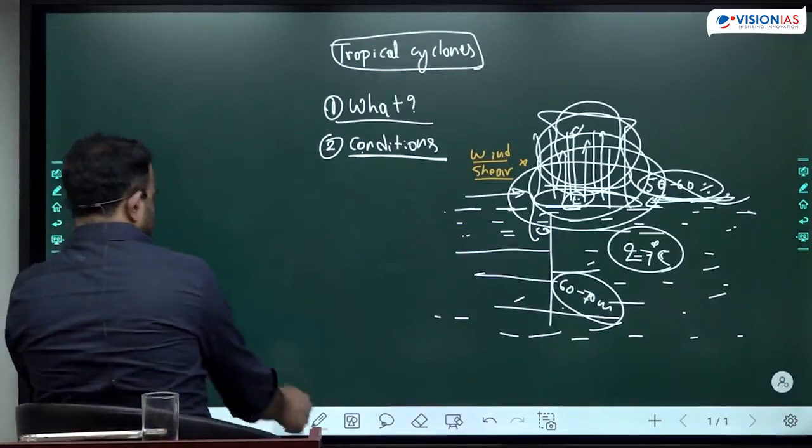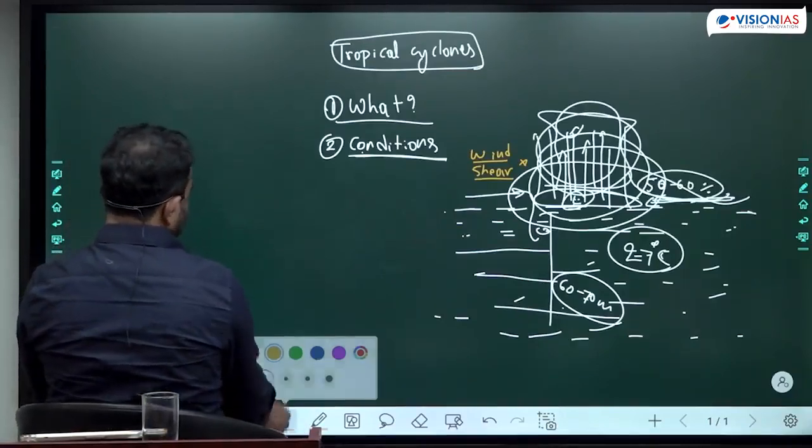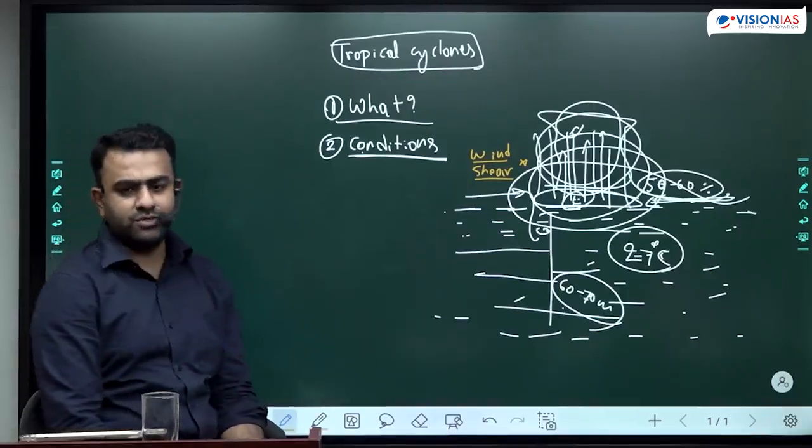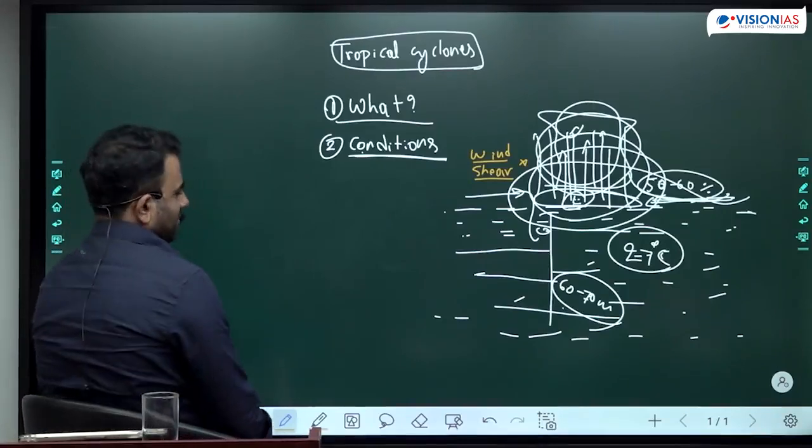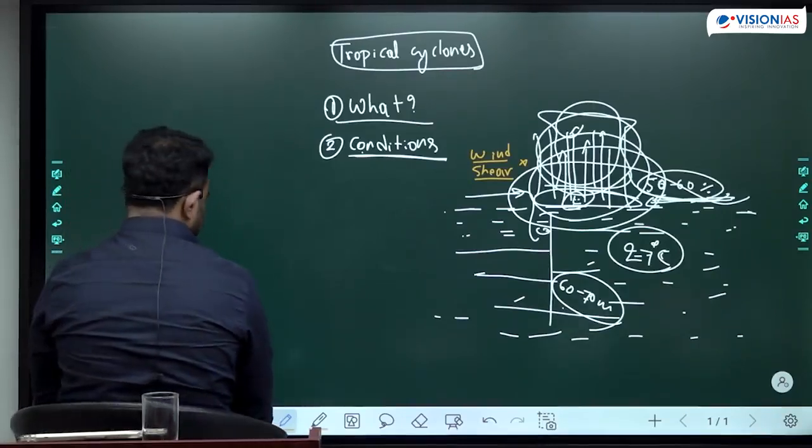In addition to these 5, there are 2 more supporting conditions. If they are present, the cyclone is going to be stronger. If not, ठीक है, चलता है. 2 more supporting conditions. लिखो, next one.